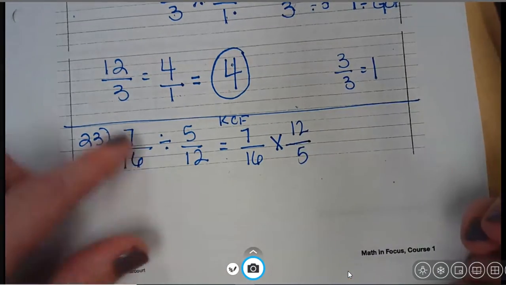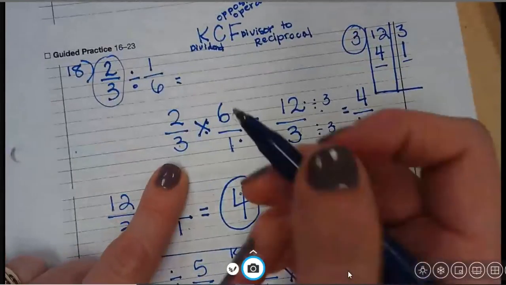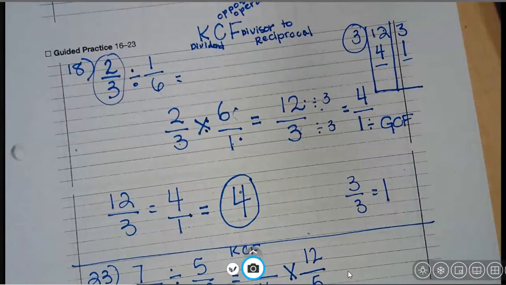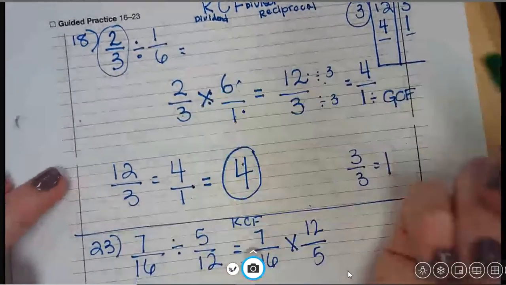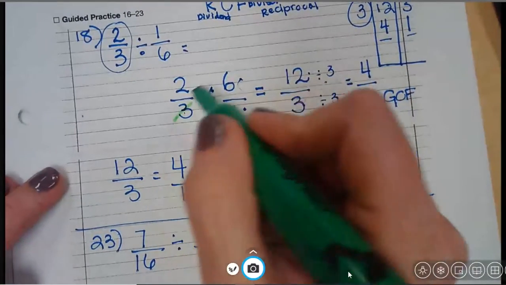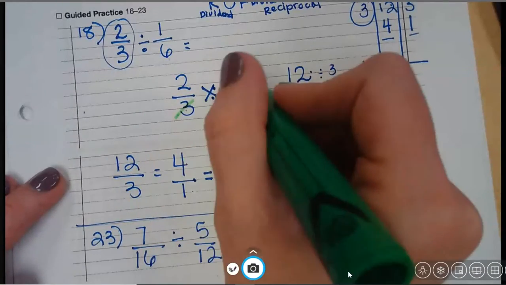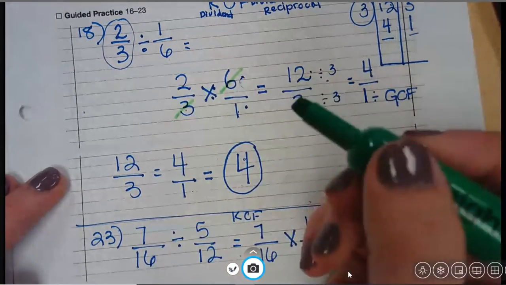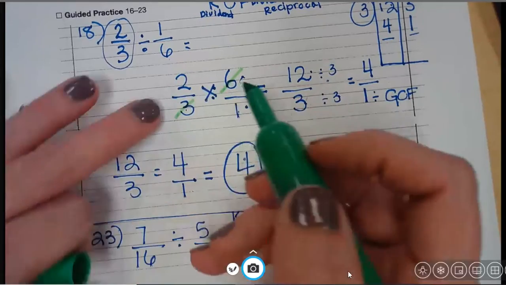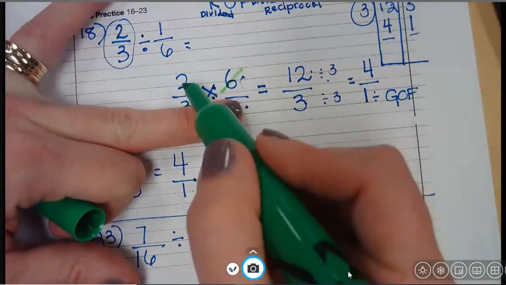Now up here, I could have done something called cross-reducing, and that would have simplified it for me already. This may confuse some of you, and you don't have to do this. If it confuses you, you can not do it. If one is in the numerator and one is in the denominator, I can simplify them. I cannot simplify if both are in the numerator.